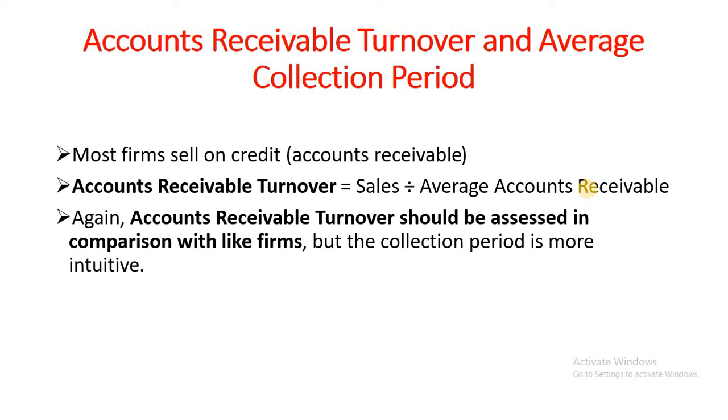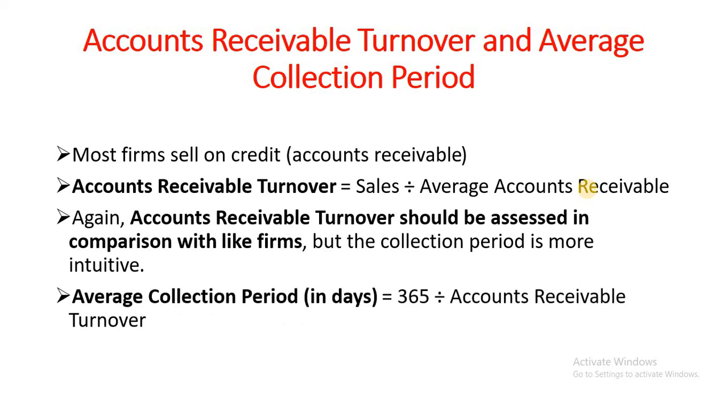In the meantime, account receivable turnover should also be assessed in comparison with similar firms. Average collection period converts the receivable turnover into days. So average collection period is equal to 365 divided by account receivable turnover.